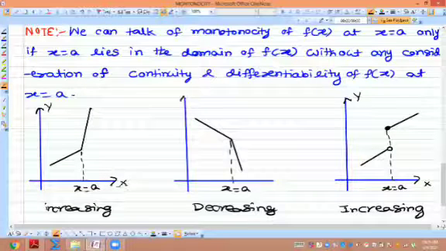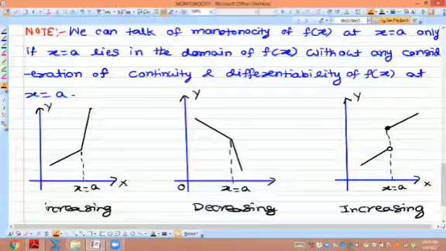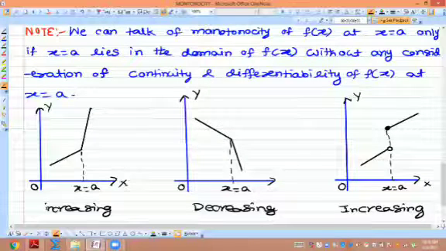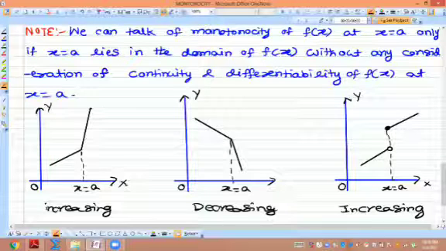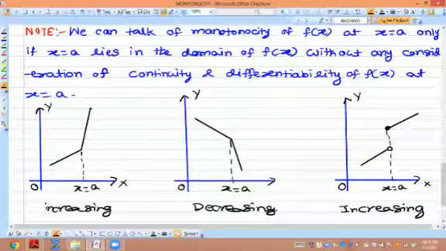Sir, what about mod x? Mod x, right? I'm coming to that. Mod x, we said it is non-monotonic. Do you remember the example I gave? Just 0 plus or 0 minus, it is giving the same value. f of 0 plus h, f of 0 minus h, it is the same value. So can we say that it is increasing or decreasing?